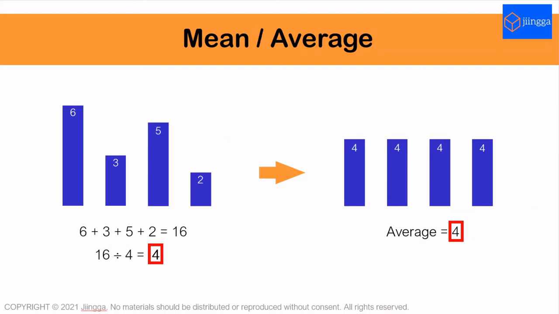Mean is the technical term for average. Average itself should be quite self-explainable to all of us, right? An example is here. These four values, 6, 3, 5, and 2, can be summed and then divided equally to 4 chunks, which resulted 4 for each chunk.